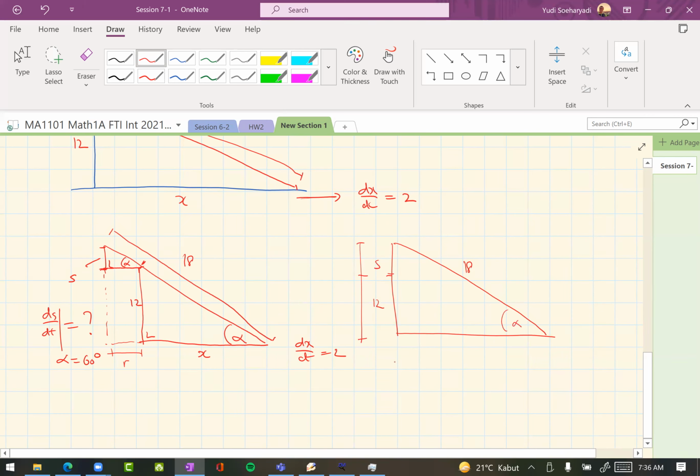Okay. So if you know this is 12 plus S, then you can compute this one. That is 18 minus, there we go.